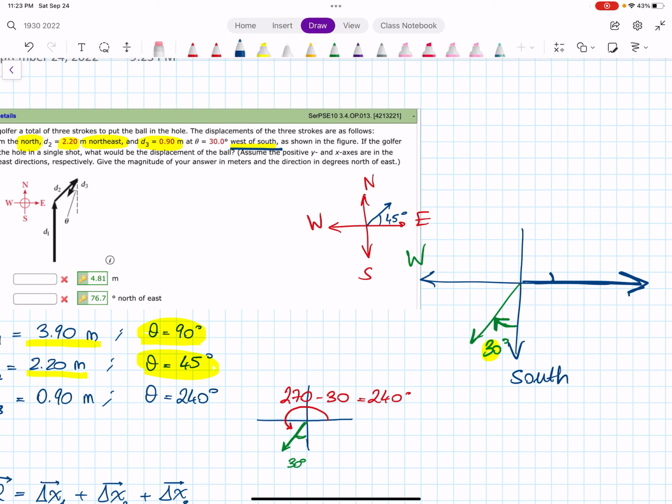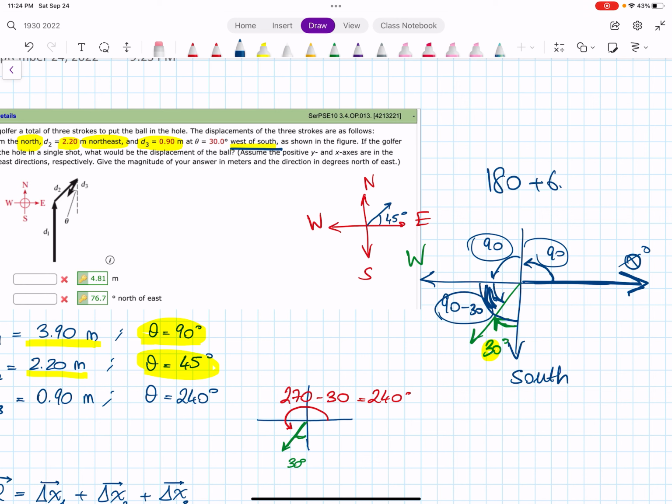What does that mean? You choose the positive x-axis as the 0 degree, then you go counterclockwise, you have 90 degrees, plus you go 90, plus, what is this angle? 90 minus 30. That's going to give you right here. Now what? You add 90 plus 90, 180, plus, what is 90 minus 30?